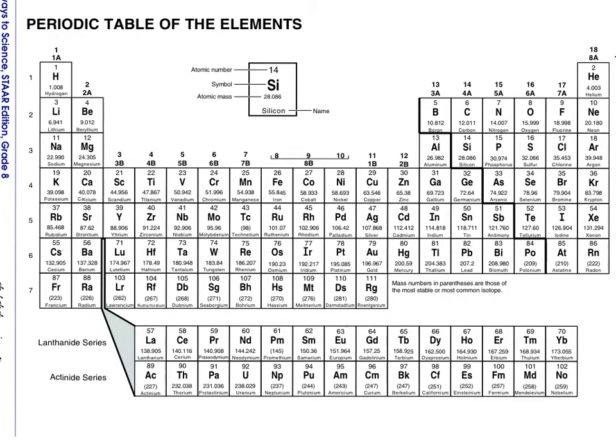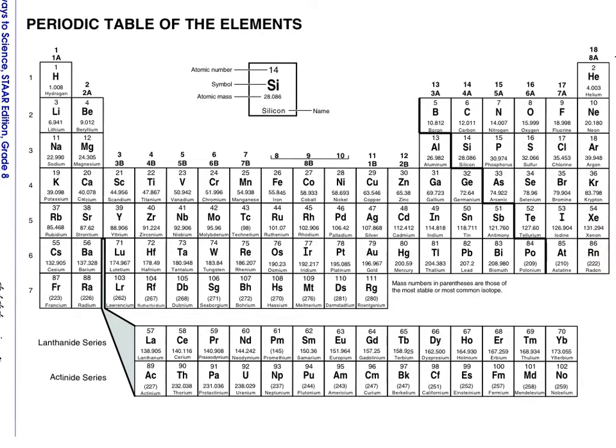In group 1, they all have 1 valence electron. In group 2, each element in that group has 2 valence electrons. In group 13, they have 3 valence electrons. We just dropped the 1. In group 14, they have 4. In group 15, 5. In group 16, they have 6 valence electrons. Group 17, they have 7 valence electrons. And in group 18, they have 8 valence electrons.